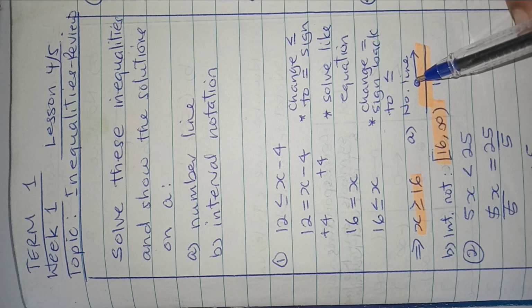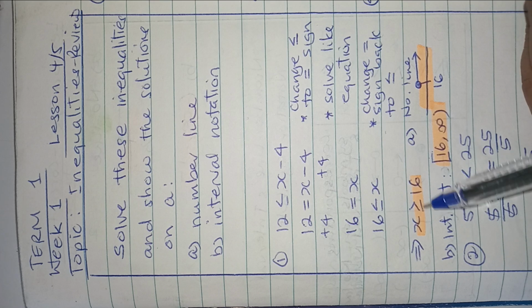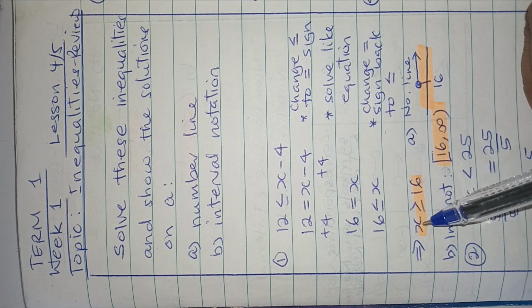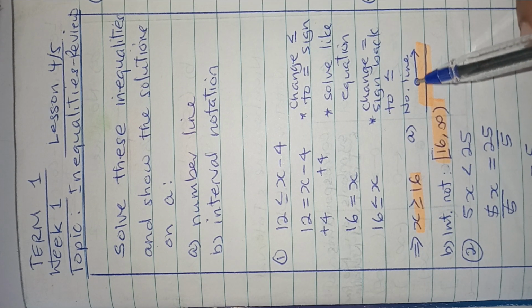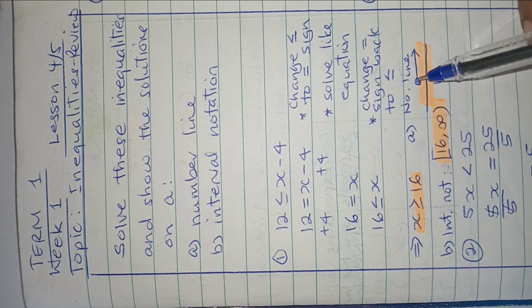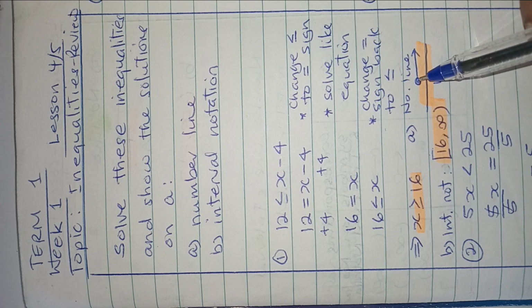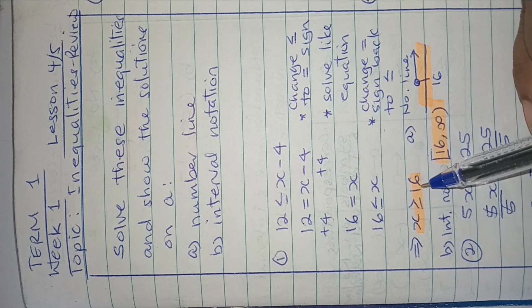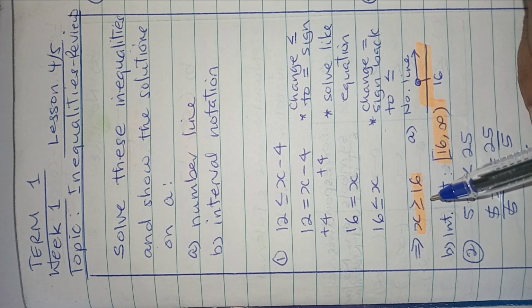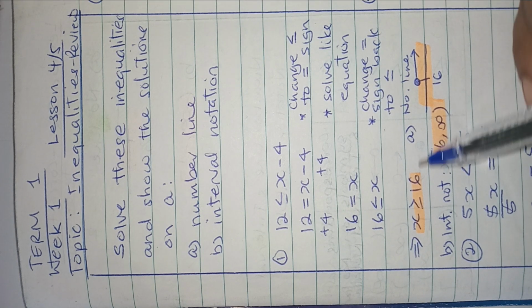Now, the type of circle will come from the presence of the equal to sign in the inequality. If x is equal to 16, then we put a shaded circle, which shows that 16 is also x. So 16 is one of the x values. So we shade it, because here it says x is also equal to 16.